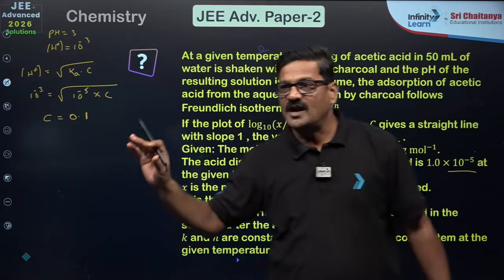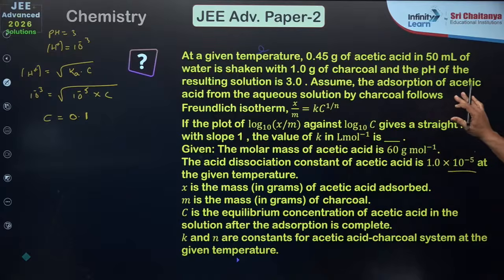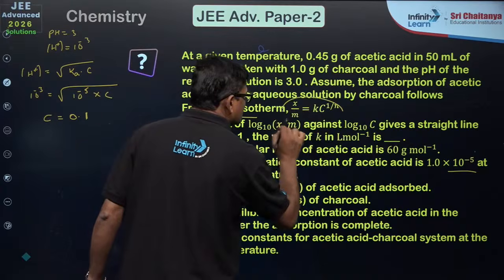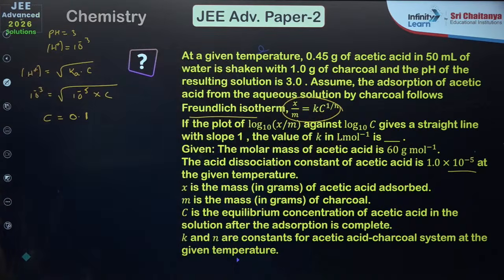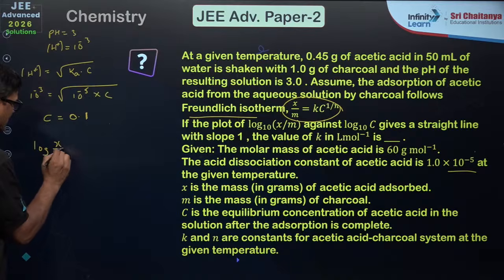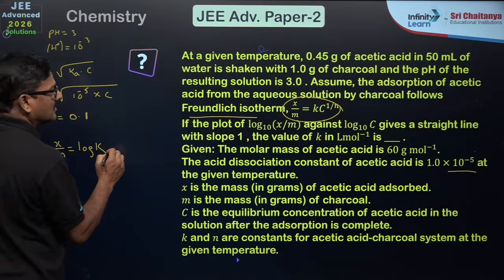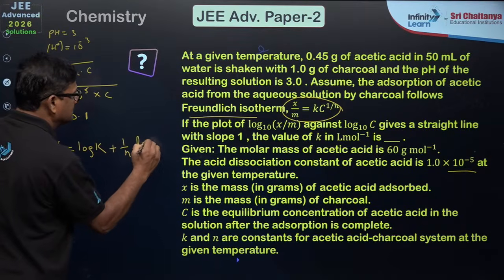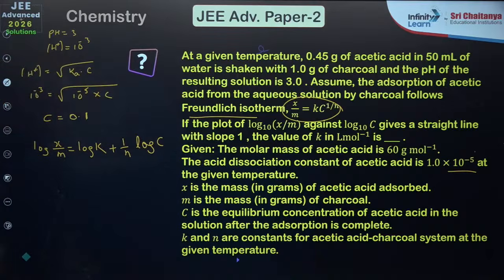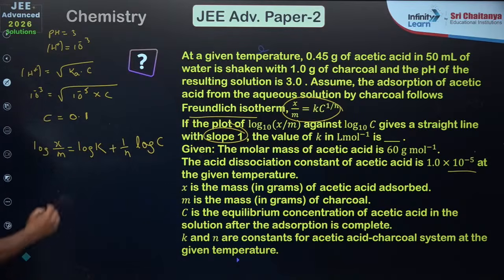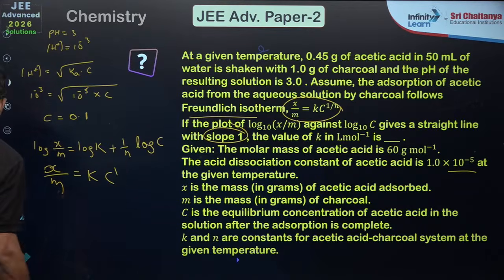Once you have it, assume the adsorption of acetic acid from the aqueous solution by charcoal follows the Freundlich adsorption isotherm. It is given as x by m is equal to k c to the power 1 by n. So log x by m is equal to log k plus 1 by n log c. Here it is a straight line with slope 1. When the slope is 1, x by m is equal to k c to the power 1.